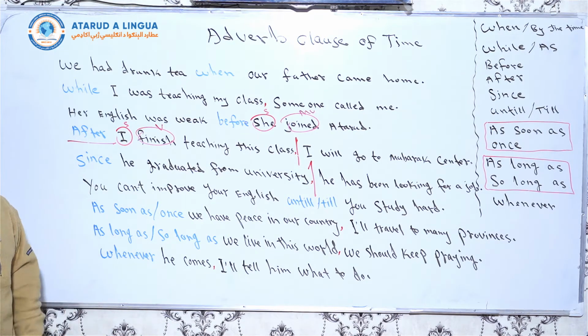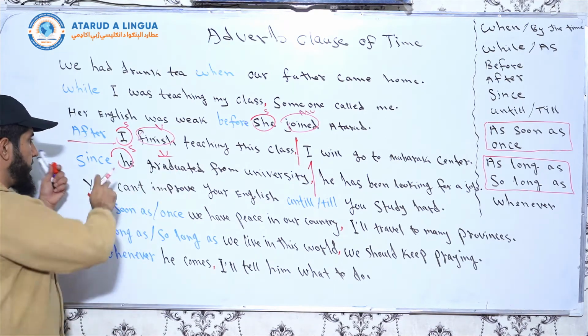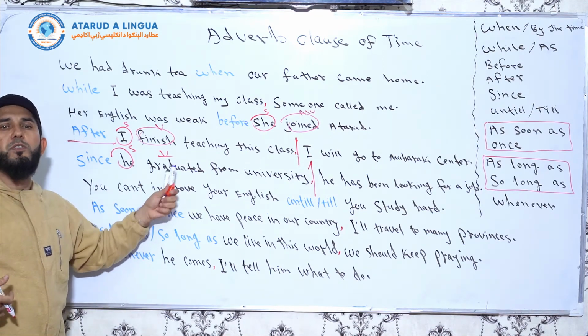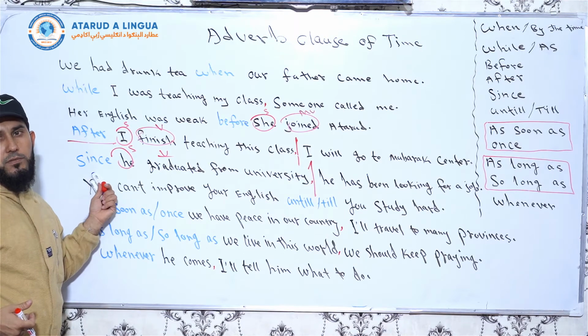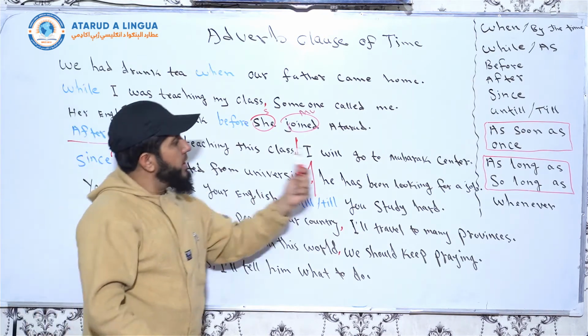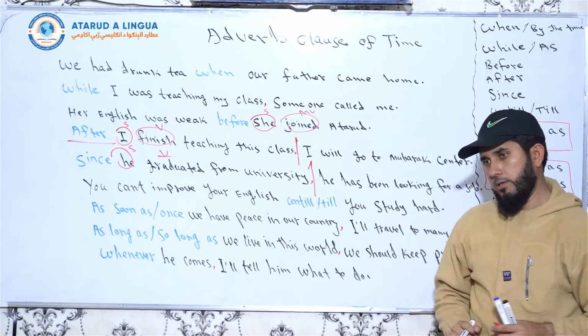Like here in this sentence. Look. It is followed by subject plus verb, and therefore it functions as a conjunction. So there must be simple past tense in your adverb clause of time if you are using the word since, okay? In your next clause, there must be present perfect or present perfect continuous tense.